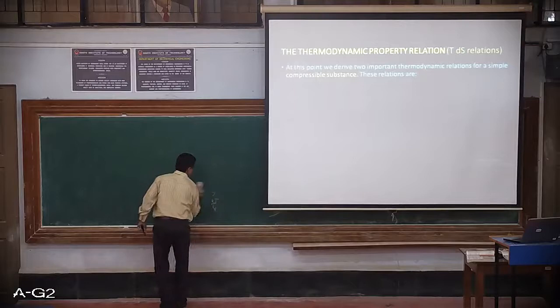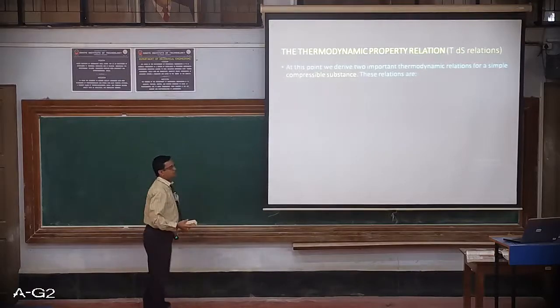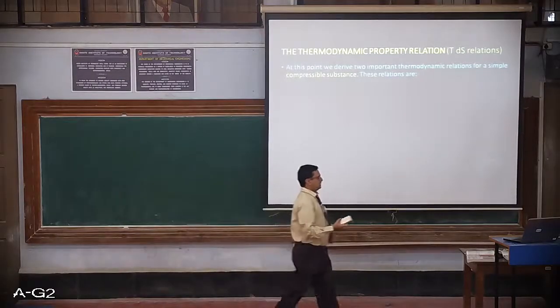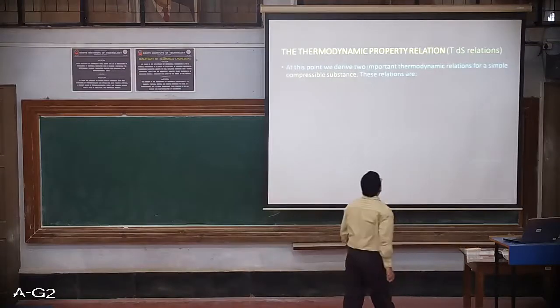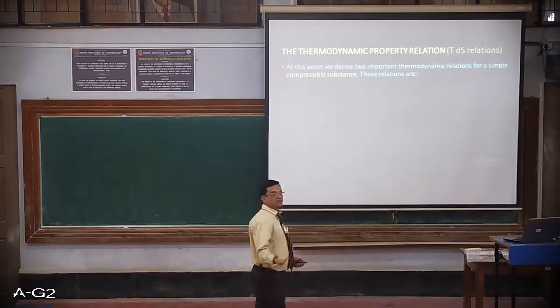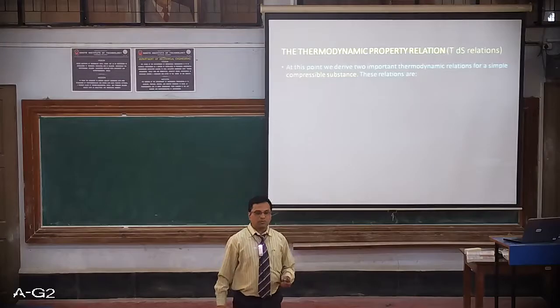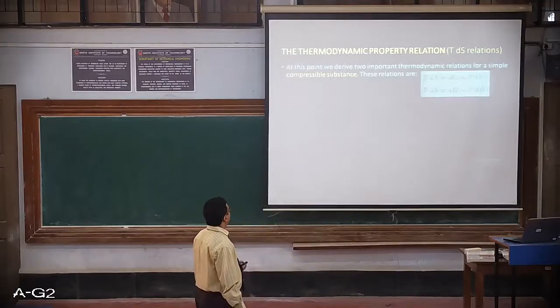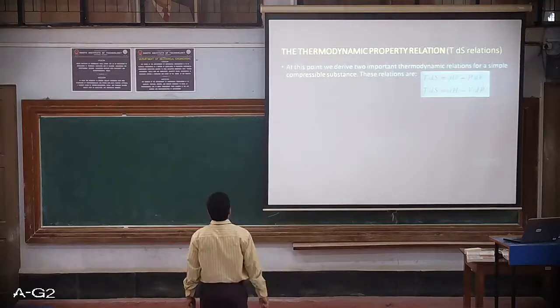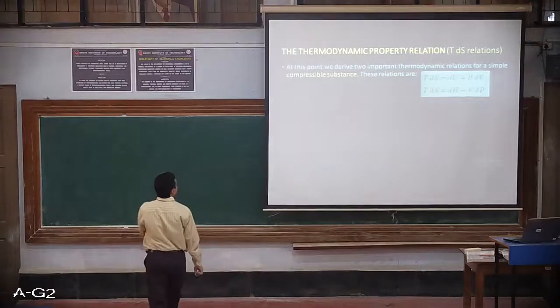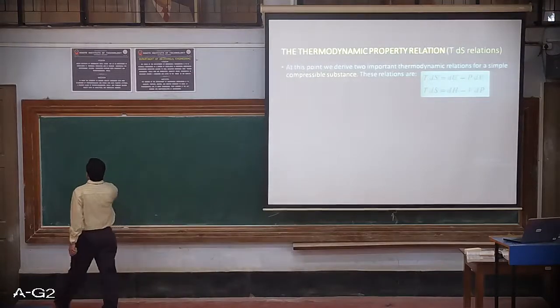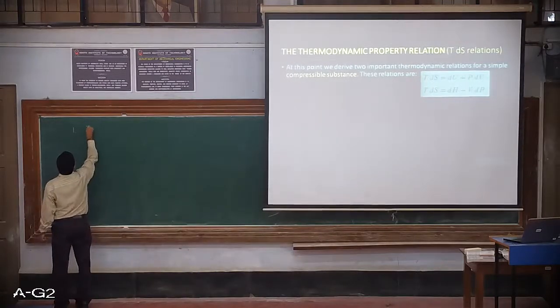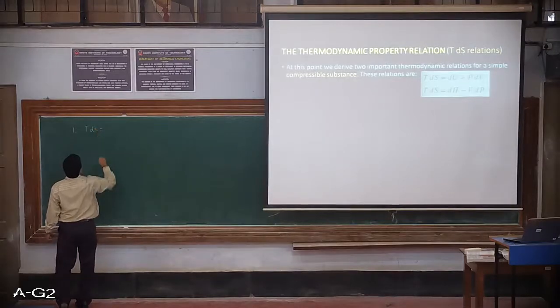Small derivations are involved here, so let's take up those derivations and then we can use those equations in the numericals to analyze entropy change to a further level. The equations we need to develop here are two. The first equation is TdS equals dU plus PdV.